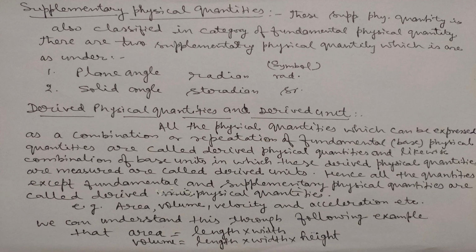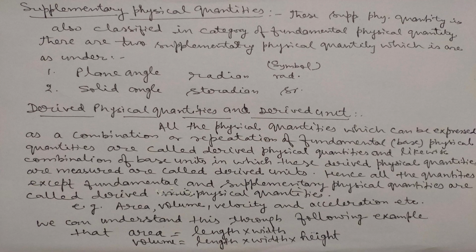Now the second type of physical quantity is the derived physical quantity. The derived physical quantities and the derived units depend on the fundamental or basic physical quantities.